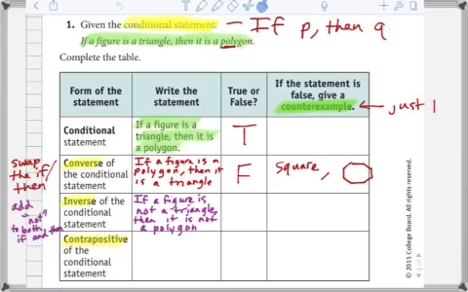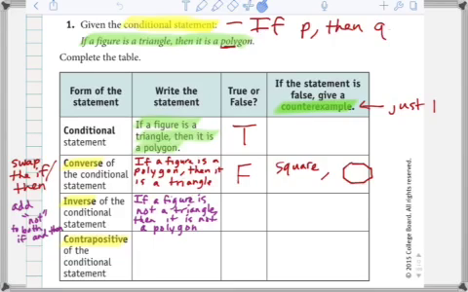I want you to take a moment to think and try to decide whether you believe that statement is true or false. In this case, we're going to start with: if a figure is not a triangle. All I have to do is pick some figures that aren't triangles.